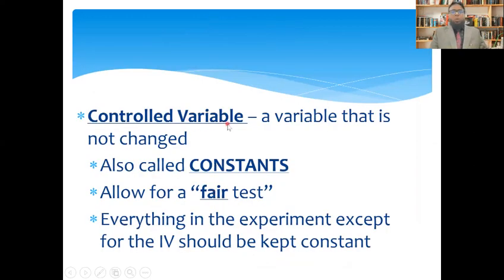Control variables, as I've told you, are those variables which you have to keep constant. If you want proper results and correct data, you need to control something. For example, if you are studying the effect of temperature on enzyme activity, the pH should be kept constant.